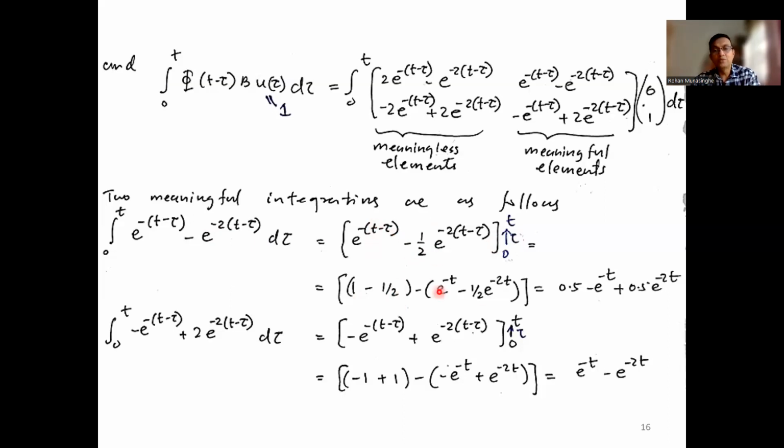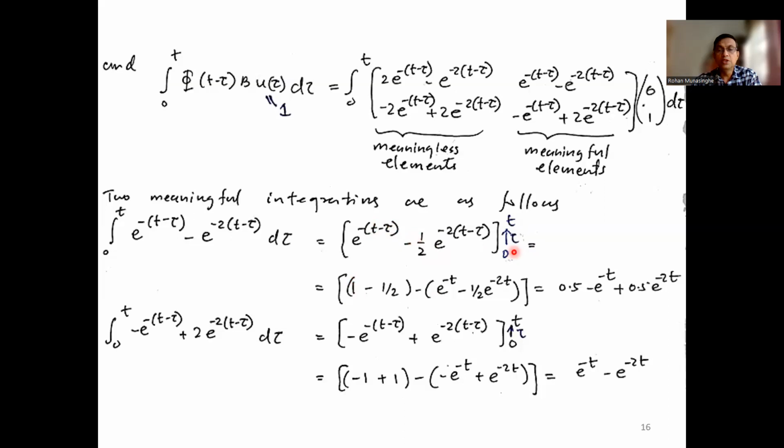So all the constant terms go to the front. Okay, so let's take this one. Substitute t for tau. So when you substitute t here, t minus t is 0. First term is 0, so e to the 0 means 1.